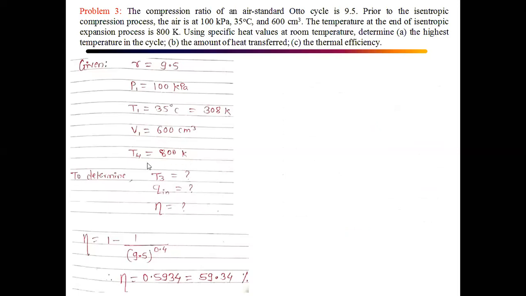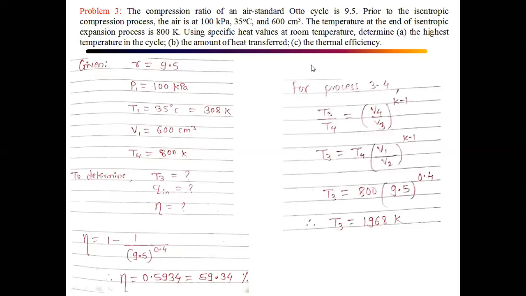To calculate this value of T3, the value of T4 is given. So it is obvious that we need to use the equation for process 3 to 4. Process 3 to 4 is again the isentropic process. So for the process 3 to 4, use the relationship between temperature and volume, that is T3 by T4 is equal to V4 by V3 raised to K minus 1.